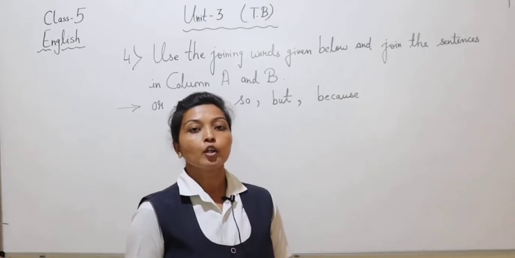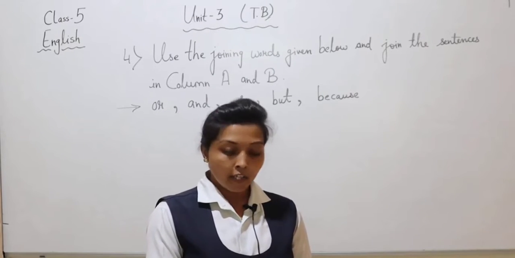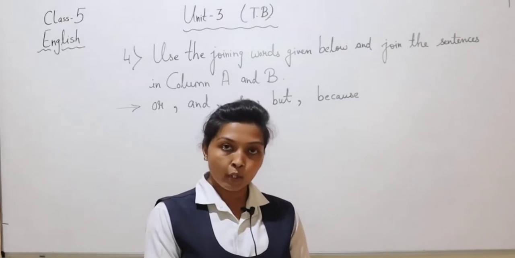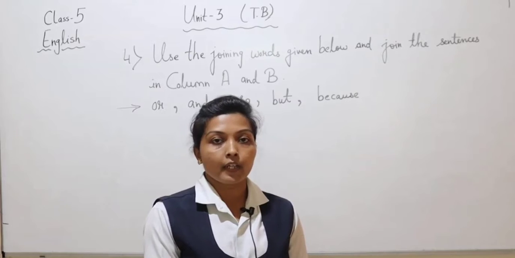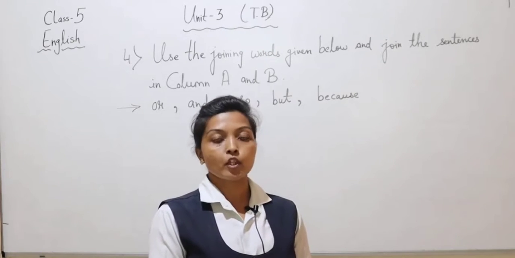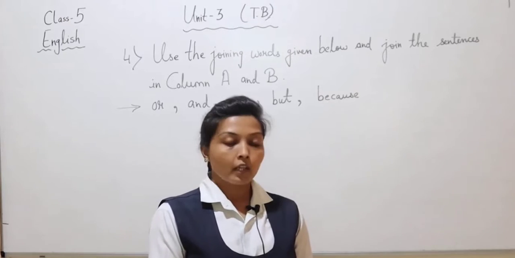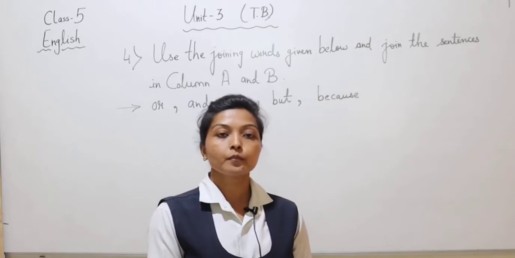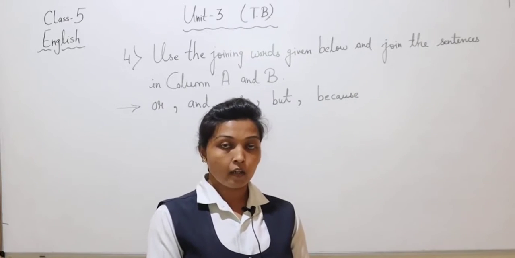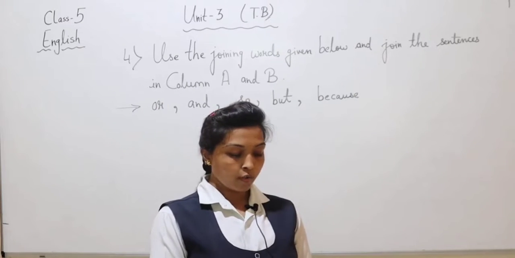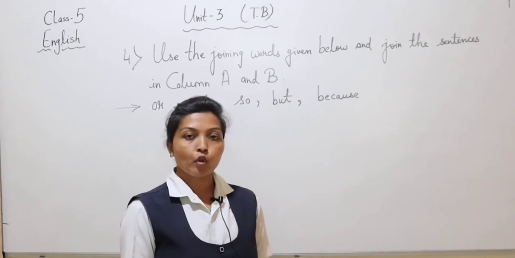Then after 2, she wore a raincoat because it was raining. So the second sentence we join by using because. Then after 3, we may go to Shimla or Darjeeling.